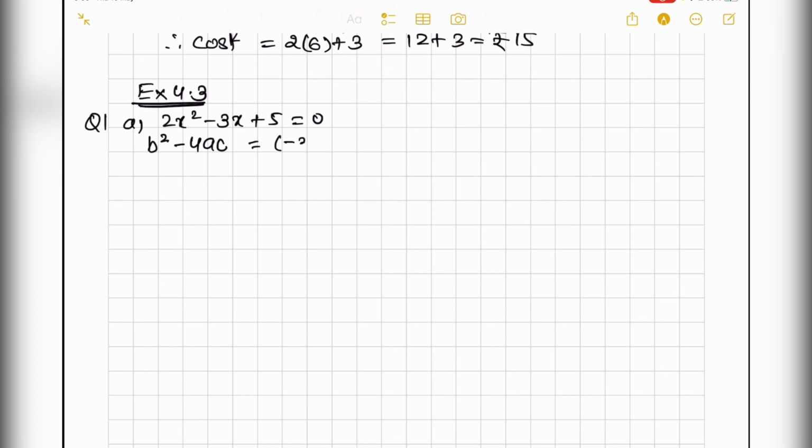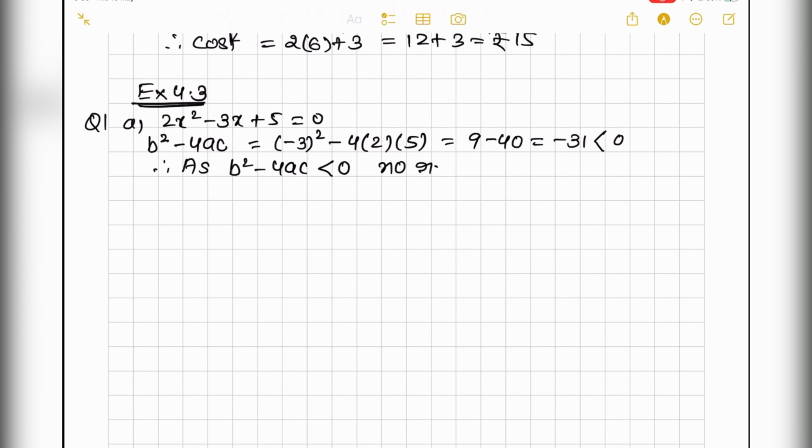So b is minus 3 whole square minus 4 into a is 2 and c is 5. So this becomes 9 minus 40, which is equal to minus 31, which is less than 0. So therefore b square minus 4ac is less than 0, so no real roots. So I don't need to find the roots here.